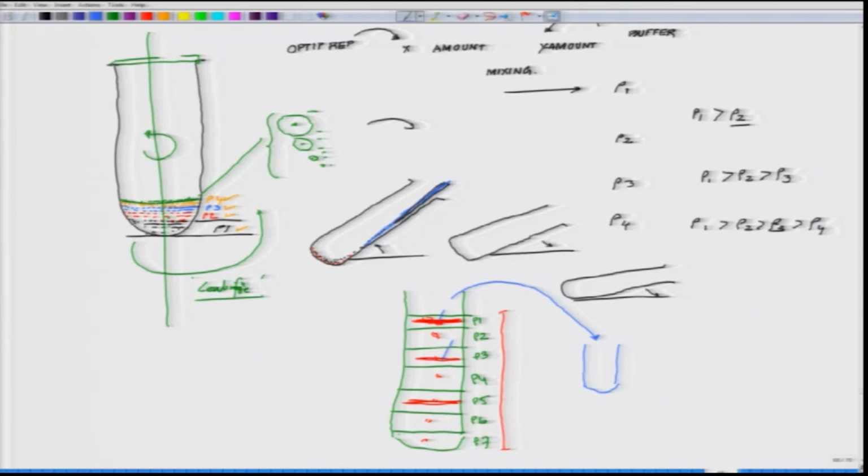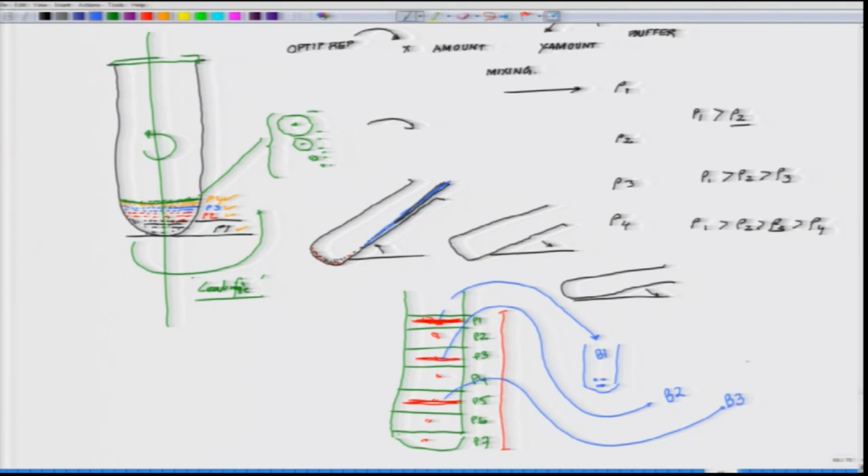Similarly, you have to pull this out into a separate test tube, and this one into another separate test tube. Once you see these cells out, you have these bands of cells, say this is band 1, this is band 2, this is band 3.